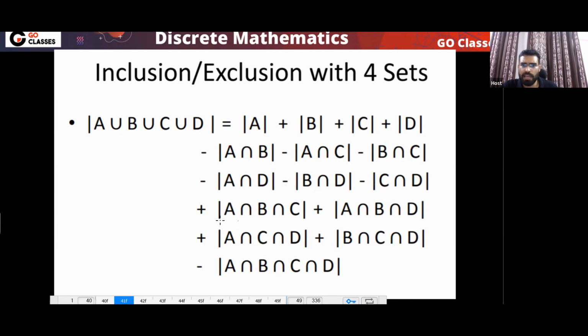Then triple: A intersection B intersection C, ABD, ACD, BCD, and then 4 minus. So basically alternating: single plus, double minus, triple plus, 4 minus, 5 plus, 6 minus. Alternating plus minus will go on.